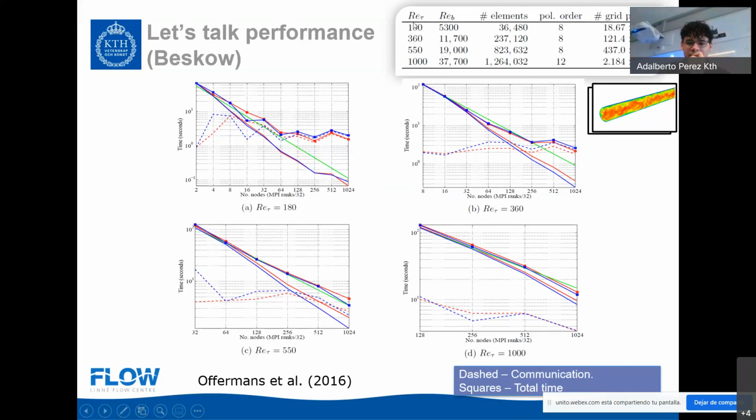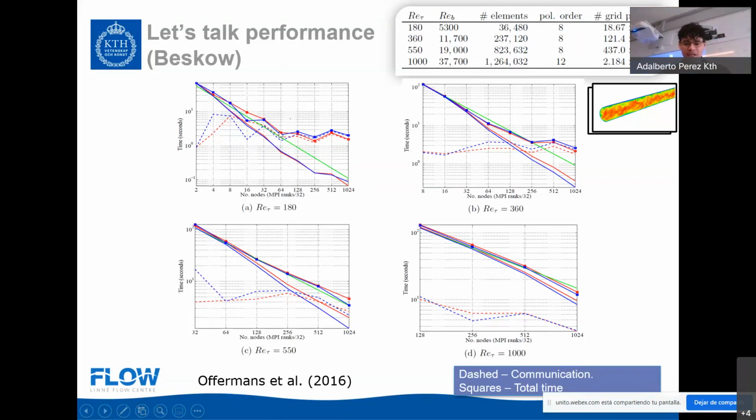Here we have some Reynolds numbers, which you could see as a measure of how small the smallest structures in the turbulent field are. As we increase these Reynolds numbers, we need a higher number of grid points to be able to characterize turbulence correctly. So you see that we have four cases at four different Reynolds numbers, and we see how each scales.